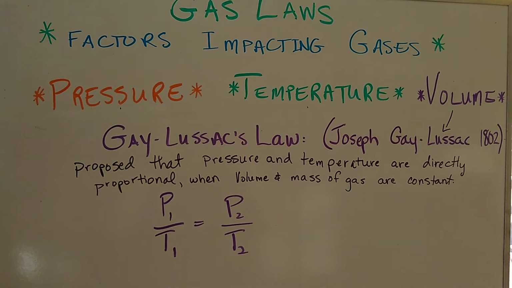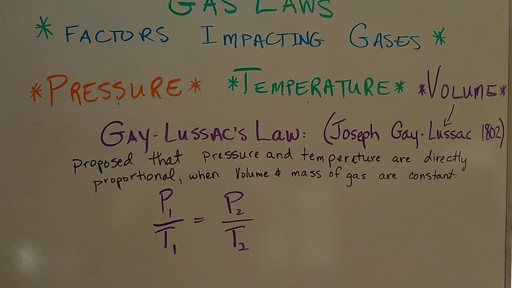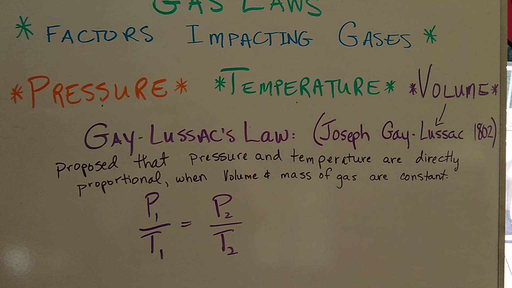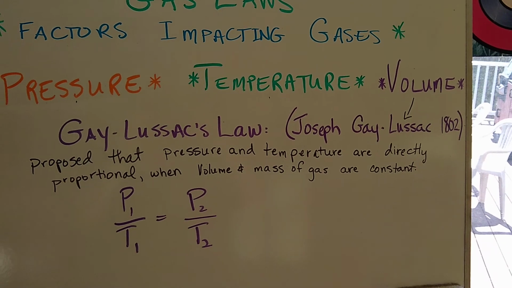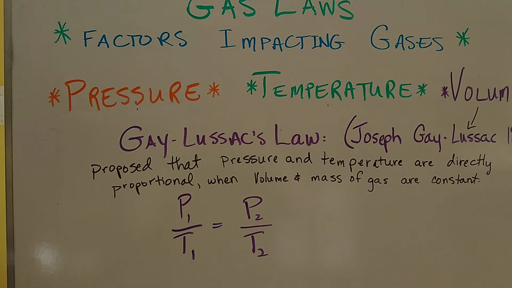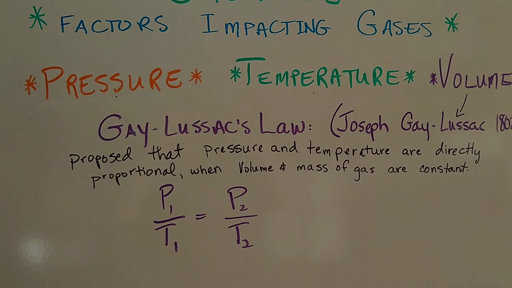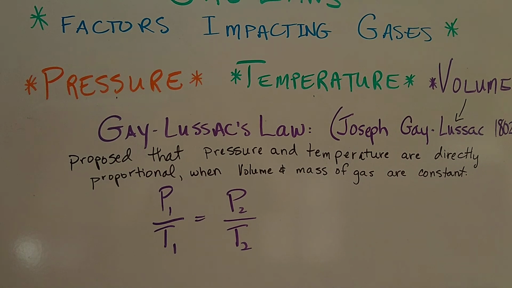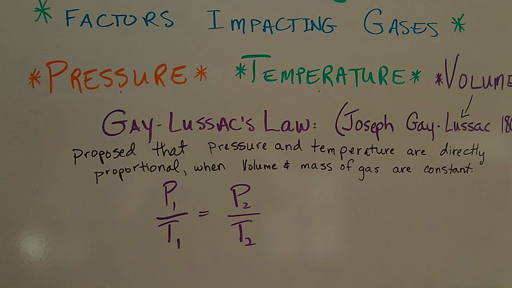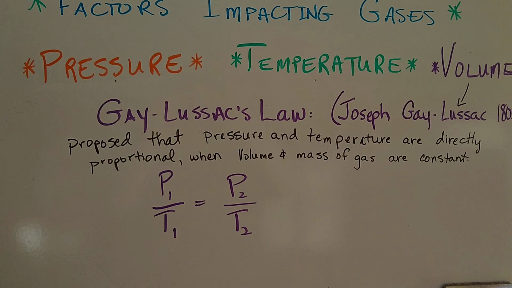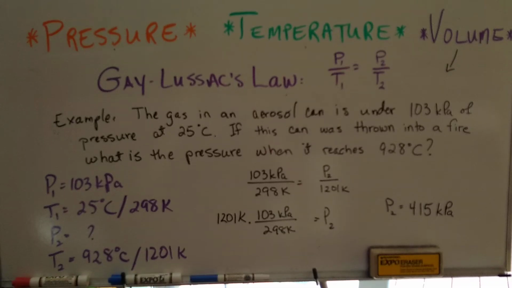Our third relationship is with volume, and we have Gay-Lussac's law, which was proposed by Joseph Gay-Lussac in 1802, and he proposed that pressure and temperature are directly proportional when volume and mass of a gas are constant. Again, a direct relationship means that when one increases, the other increases.